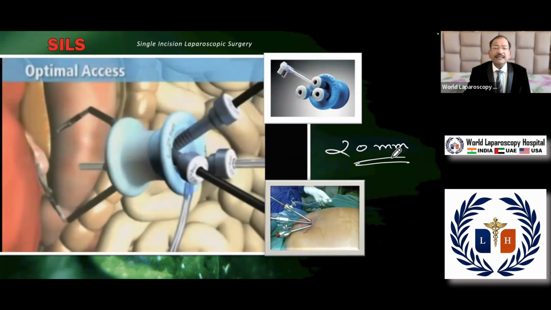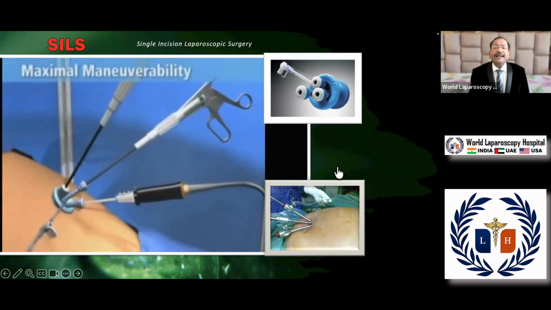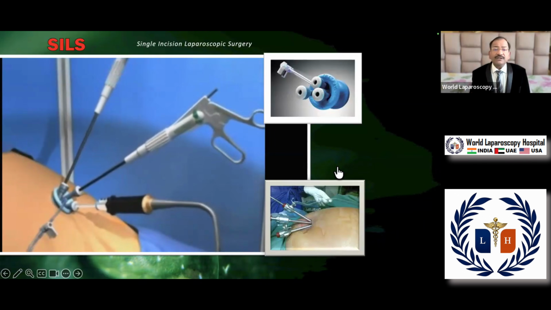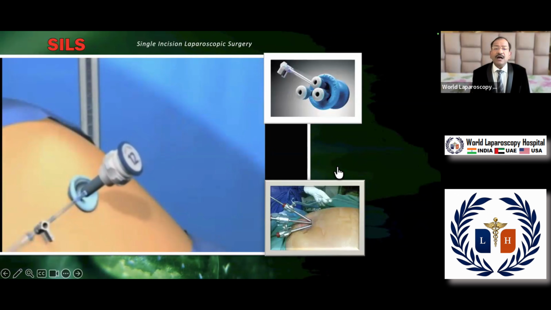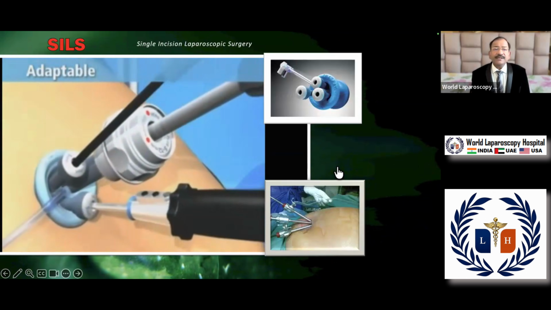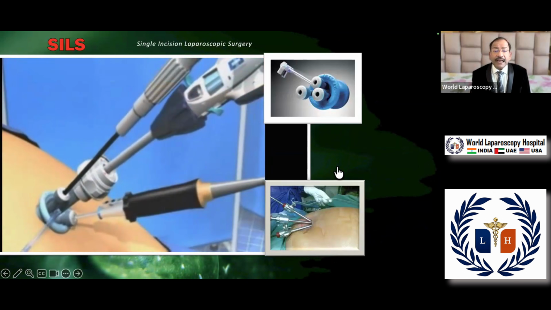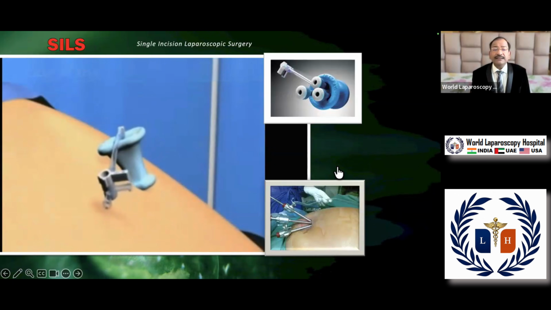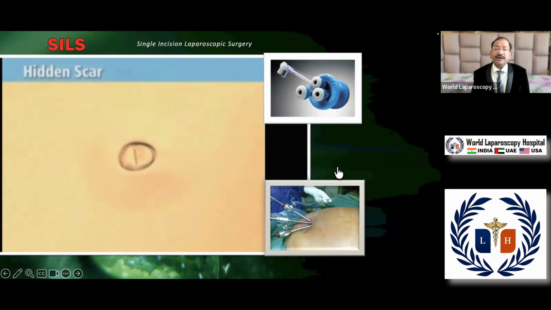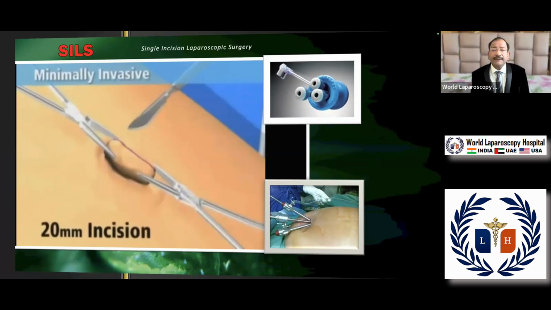So the umbilicus has a great capacity of hiding the scar. So once you perform the surgery and then you remove the Sils port, hardly any scar will be visible and it is very adaptable and very popular. Nowadays, even single incision robotic surgery is also getting popular worldwide.